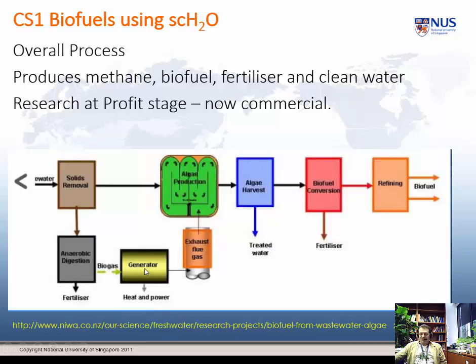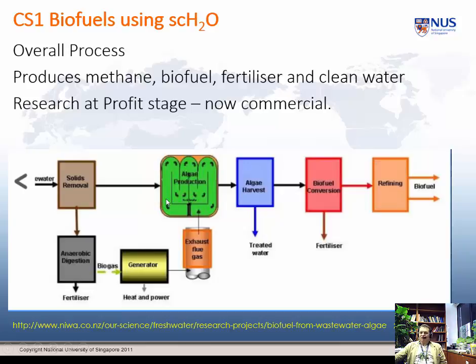The exhaust gases from the generator, carbon dioxide, actually get passed into the same place where the nutrient liquids, the wastewater, are passed, where you have algae growing. And you may think this can be a sort of glass in-house plant.